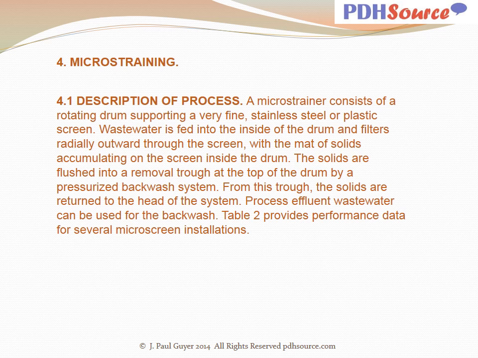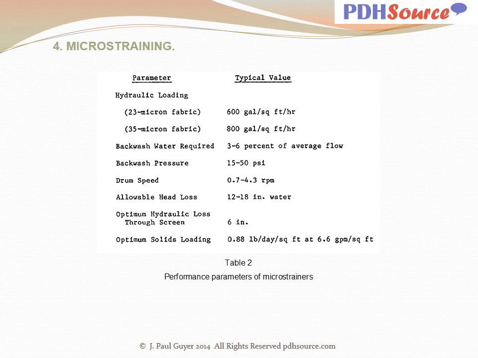Table 2, which you will see in a moment, provides performance data for several microscreen installations. This table indicates the performance parameters for microstrainers, the hydraulic loading for the different screening fabrics, 23 micron and 35 micron fabrics. The backwash water required is generally 3 to 6% of the average flow, and the backwash pressure is typically in the 15 to 50 psi range.